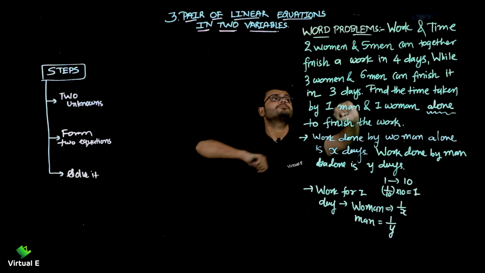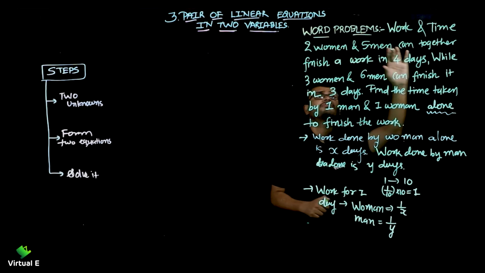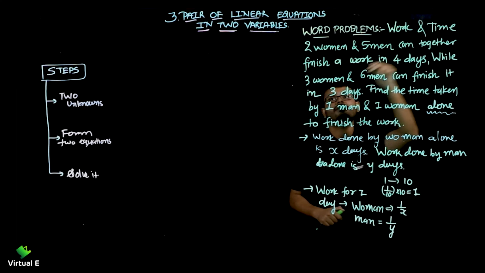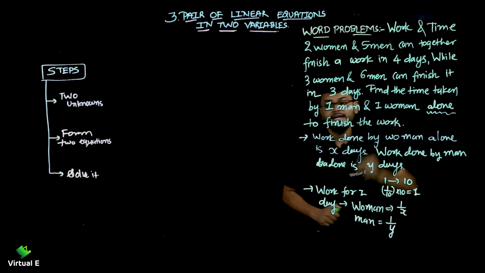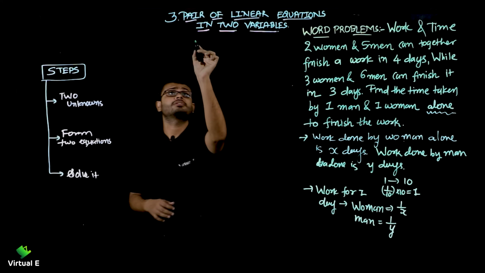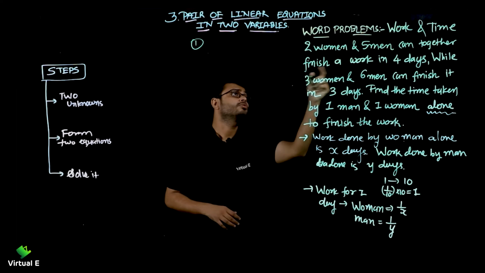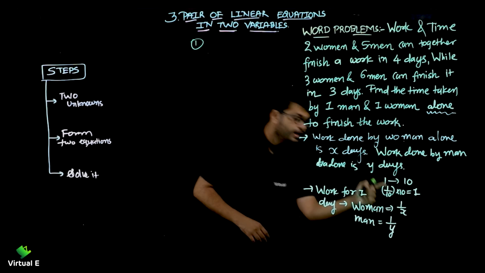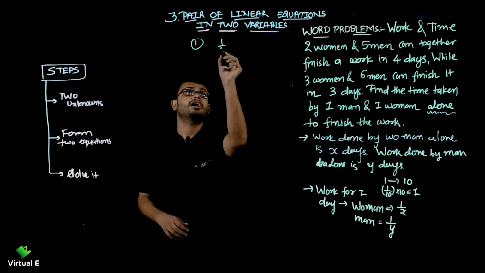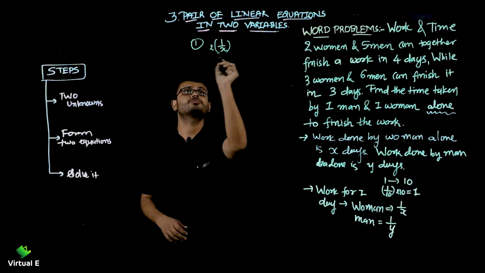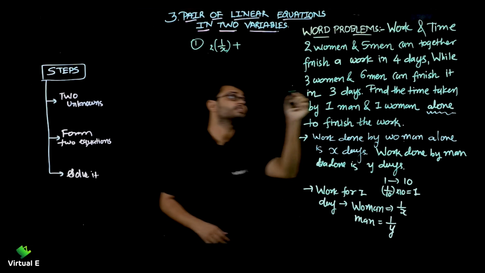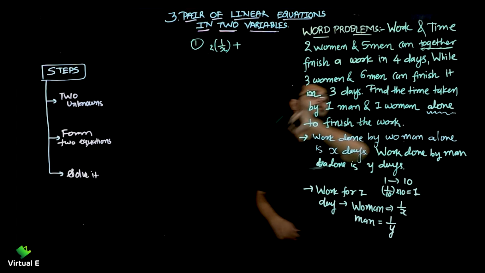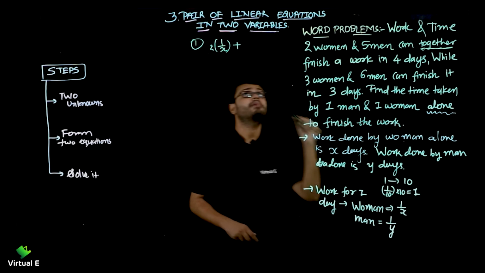If we follow the first condition, 2 women and 5 men can together finish a work in 4 days. So what is the work done by a woman in 1 day, which is 1 over x, and how many women are there, which is 2, plus, it is given together so we add, 5 men.